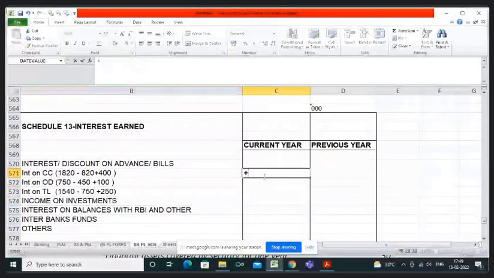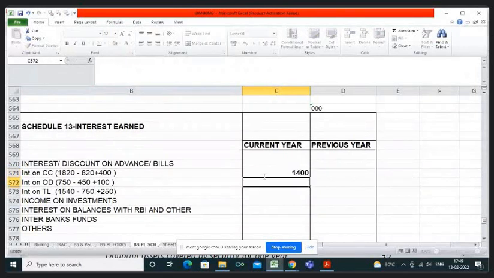It will be 1820 minus 820 plus 400, which is 1400. For OD, it will be 750 minus 450 plus 100, which is 400.